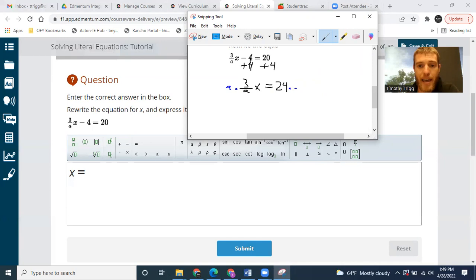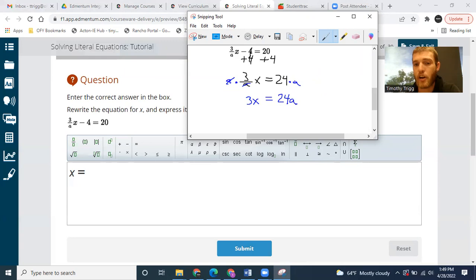Then you'll have to multiply by a on the right side as well. So I multiply a here to cancel, and then I have to multiply a on the other side. This gives us 24a. Remember, if a number is just multiplied by a variable, we can just shove them together and write it as 24a.